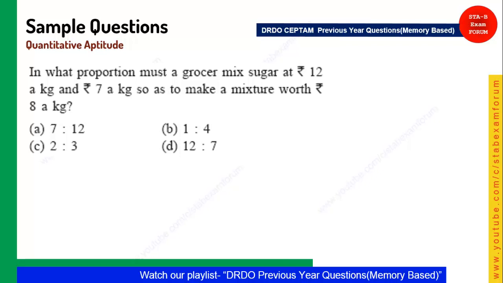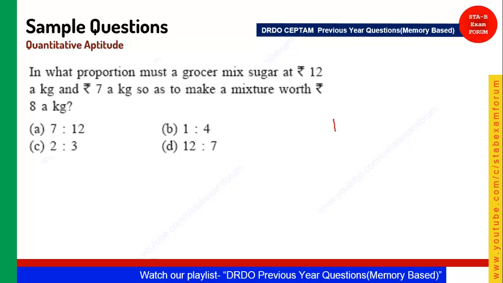A similar type of question has come in the STA-B exam, I guess. So it is based on alligation, a very simple concept. If you don't know, I suggest you see these alligation questions. So what happens?